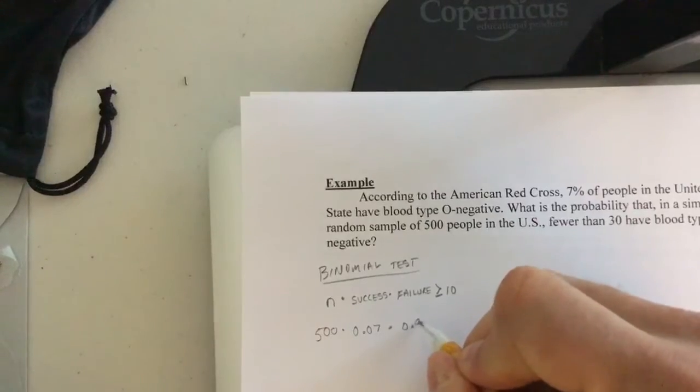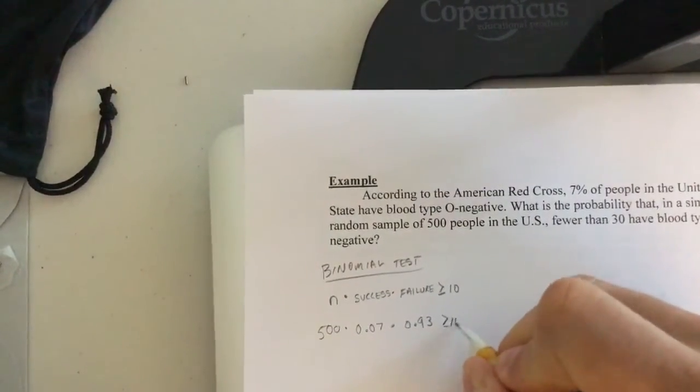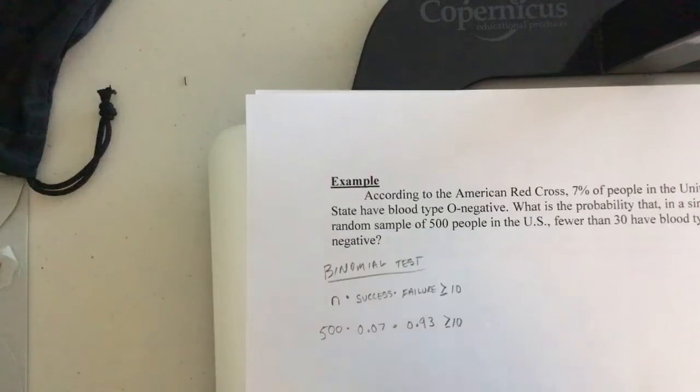As a decimal, that is 0.93. When we multiply 500 times 0.07 times 0.93, when we multiply all that together, if it's greater than 10, we're good to go.